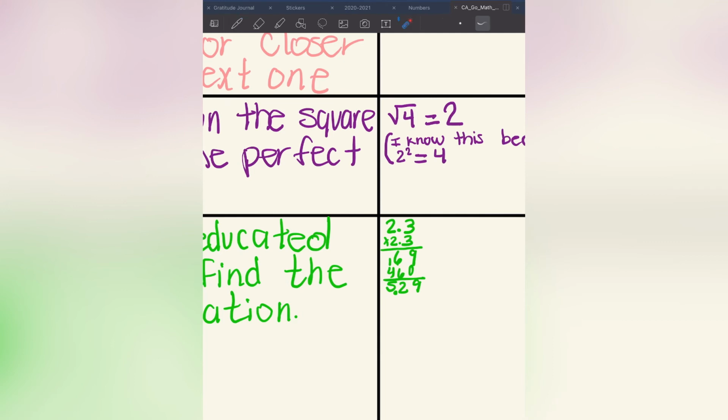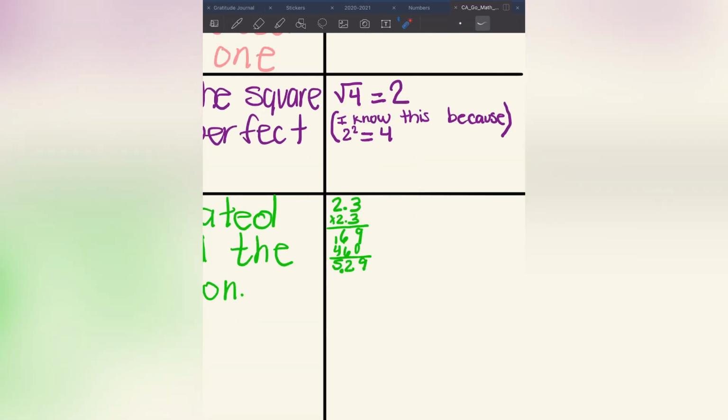Okay, so 5.29 is less than 6, which is good. We don't want to go over, but I want to try another number to see if I can get closer to 6, because 5.29 is closer to 5 than it is to 6. So let me find another decimal that's closer to 6.